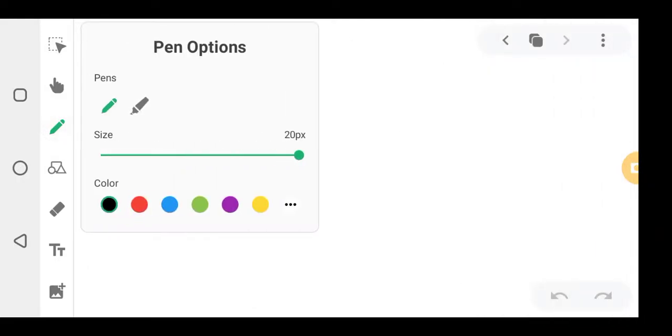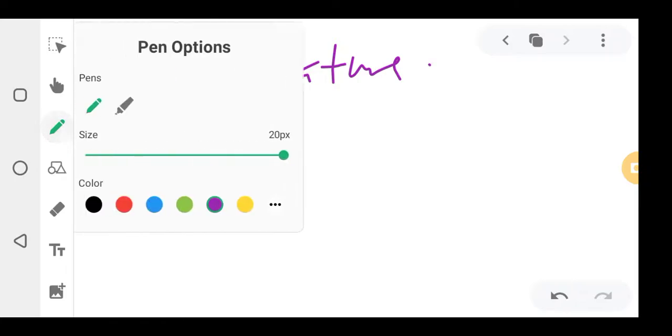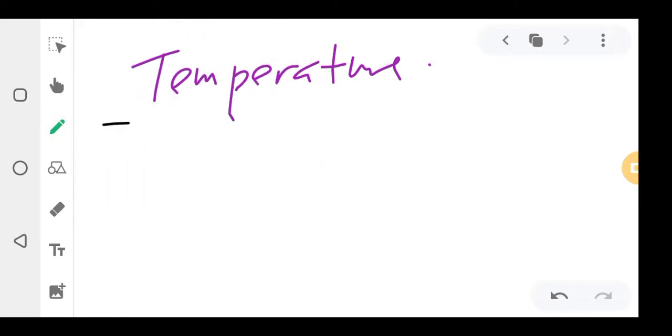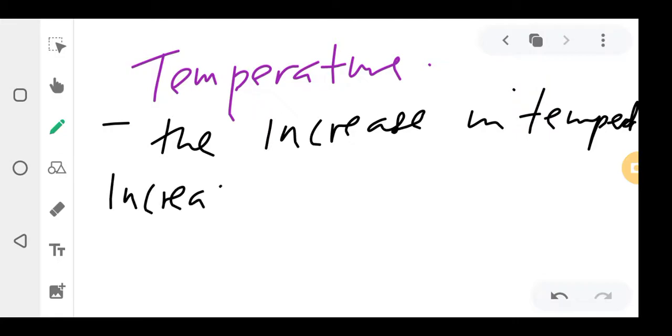Now, how does temperature affect the enzyme? First, I start with temperature, so that you have an understanding. So when the temperature increases in the body, the increase in temperature increases the kinetic energy.